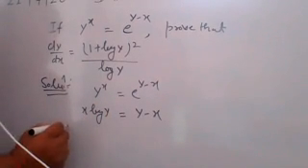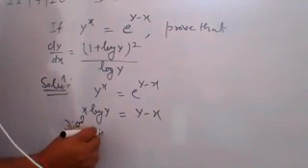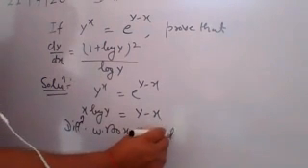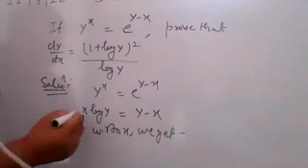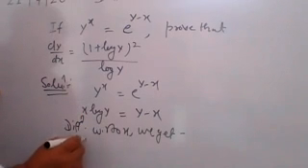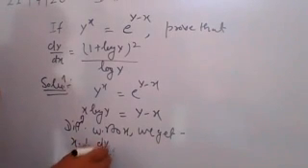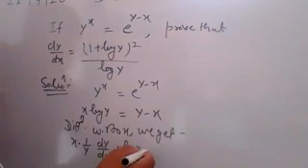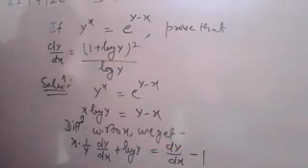Now differentiating with respect to x, we get, here you apply the product rule. First function into differentiation of second, plus second function into differentiation of first. And on the right you have dy by dx minus 1.